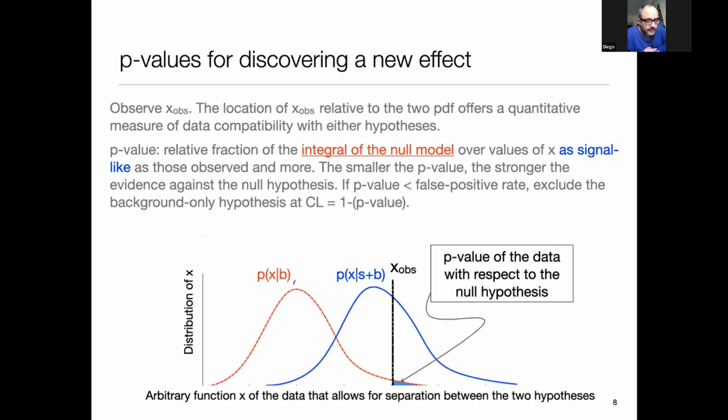Because of course, the further right is my observation, the smaller will be this integral of the tail, right? Because I'm going away from the background distribution. And therefore, small values of this integral will suggest that my data are incompatible with the red distribution, suggesting that I'm possibly discovering a new effect.